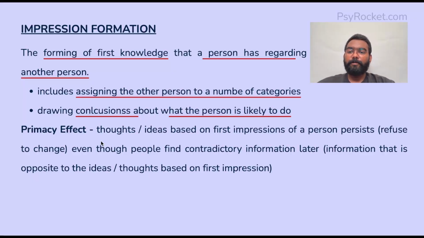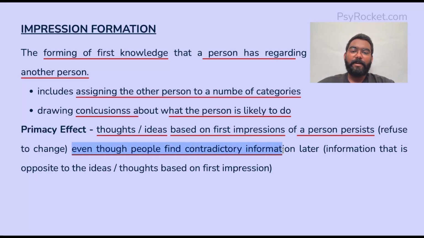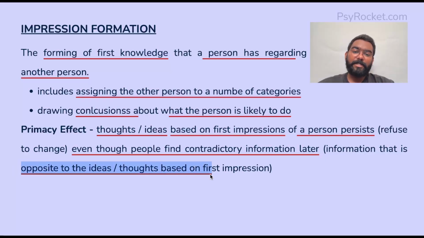Now, there is something called the primacy effect within impression formation, which is very simple. Thoughts or ideas based on first impressions of a person persist; they refuse to change even though people find contradictory information later. Contradictory information is information that is opposite to the ideas or thoughts based on those first impressions.